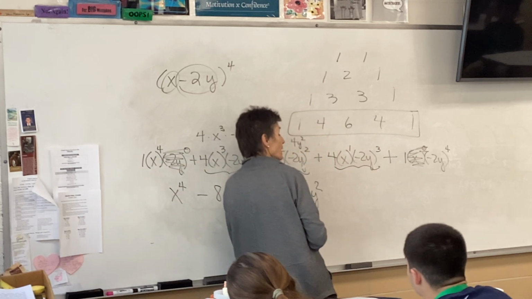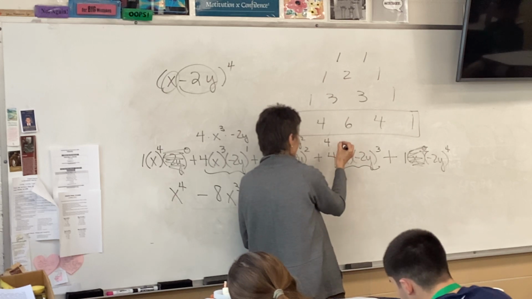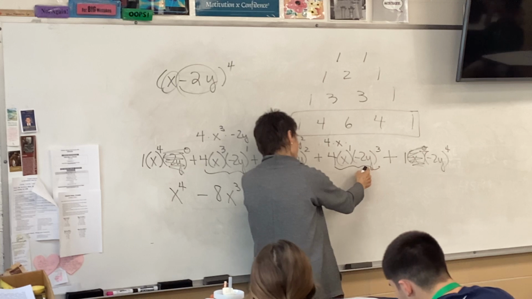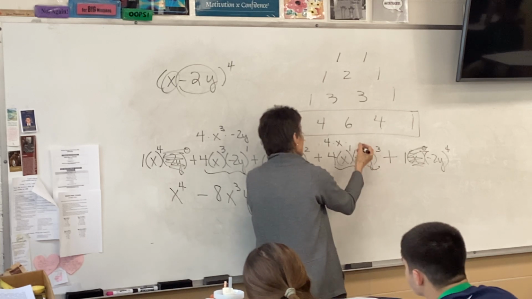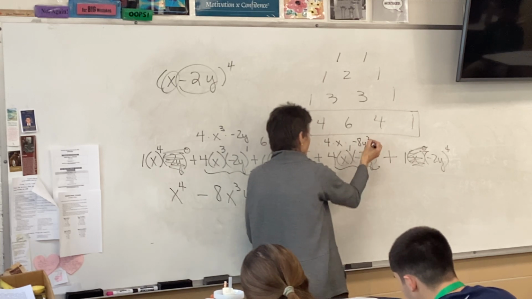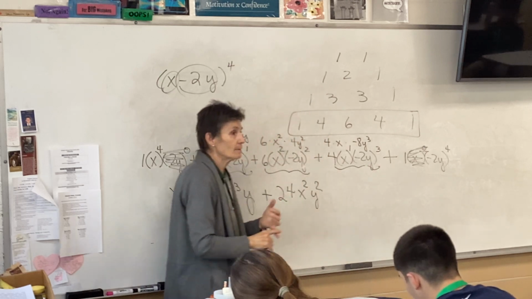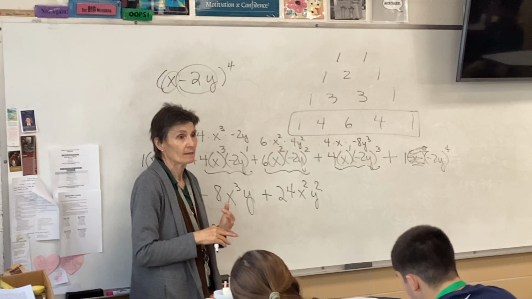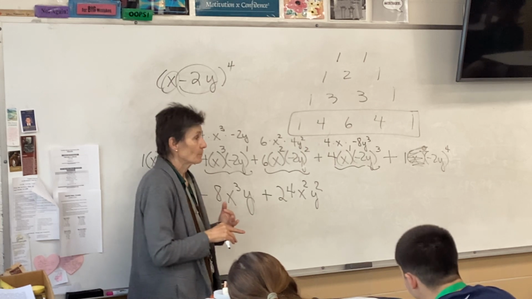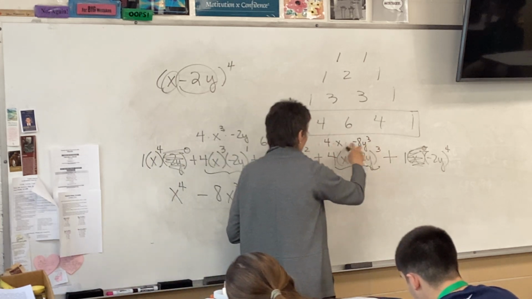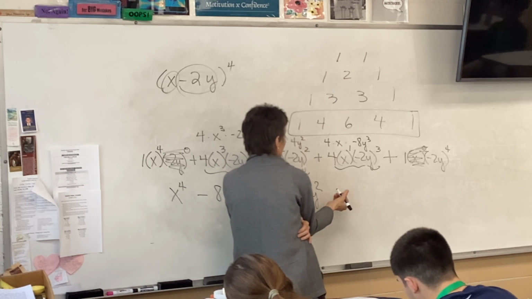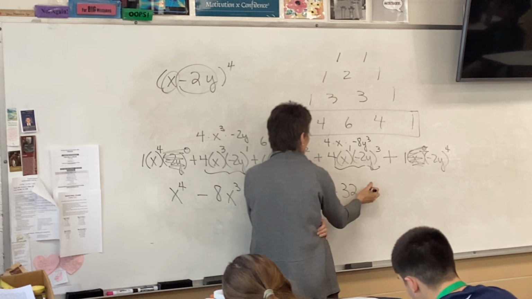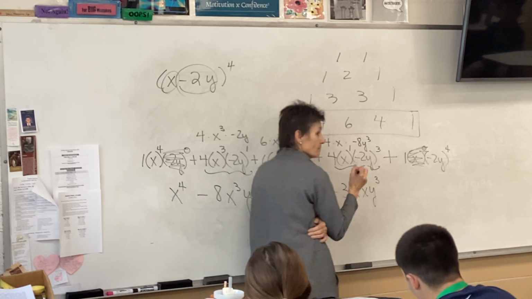What are we multiplying here? 4x, and what's that? Negative 8 y cubed. Negative 2 times negative 2 times negative 2 is negative 8. So what do I get when I multiply it all? Negative 32 x y cubed.